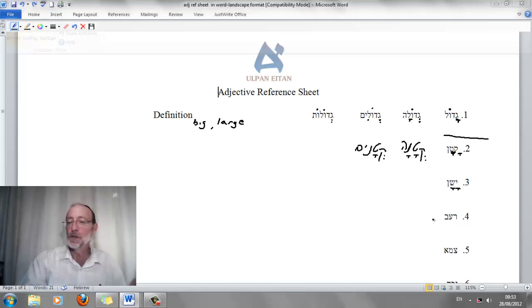And now here's a little bit of the tricky aspect of adjectives, because the next one, even though it has 3 letters, and you might want to be inclined to repeat the pattern that we've seen developing, still in all I can tell you that this is another group within the adjectives, and this one's going to be pronounced Ra'ev with cat's eyes. Ra'ev.